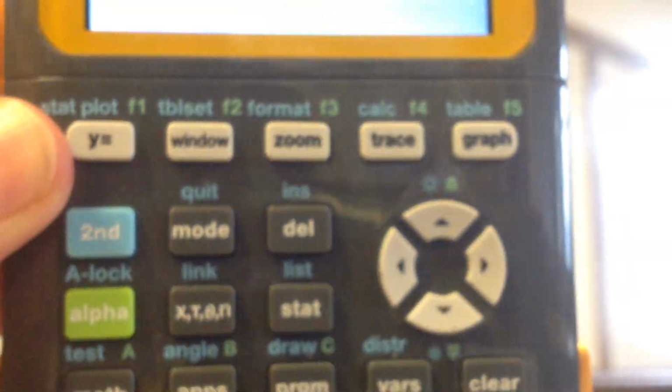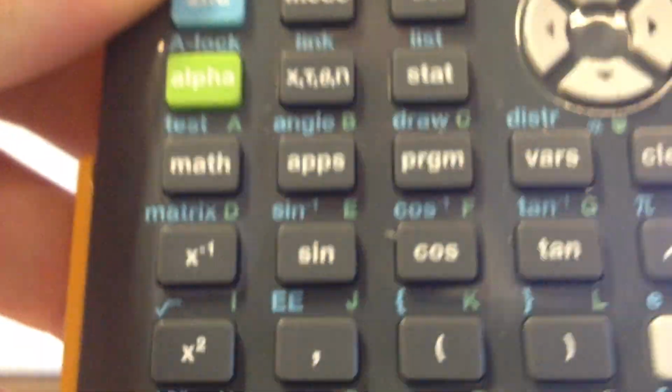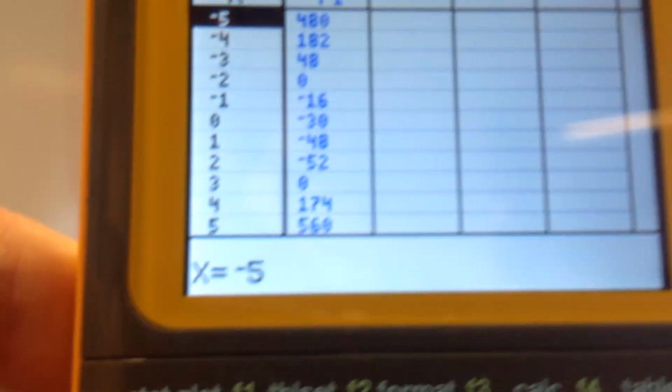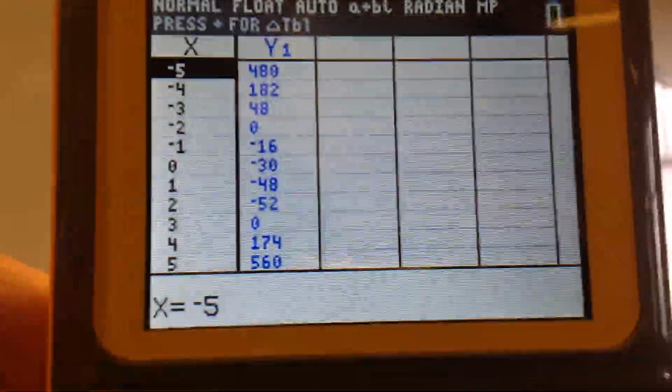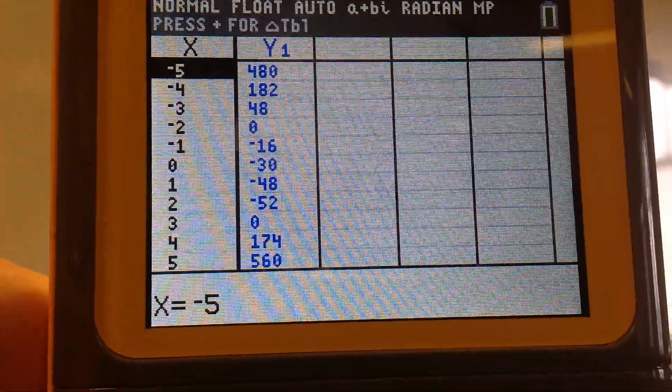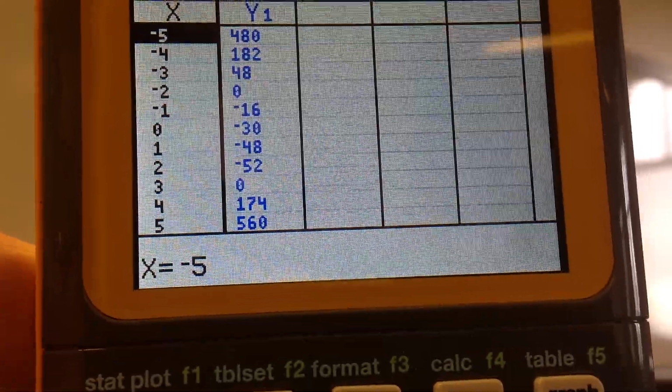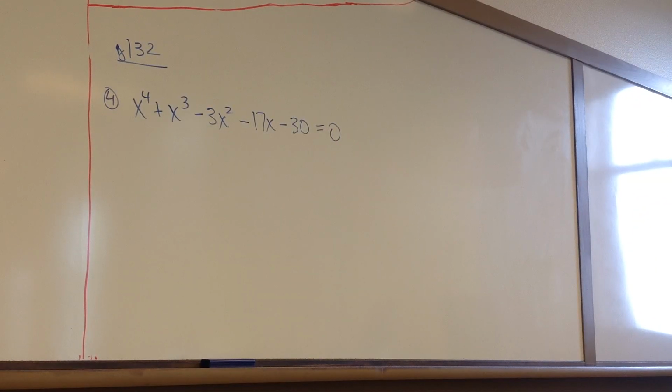And again, if you want to find out if it looks like whole number roots, go look in the table. Okay? And so we'll hit second graph, and that'll bring up the table. And yeah, you can see at negative 2, y is 0. At positive 3, y is 0. Okay. So now we've got 2 whole number roots.